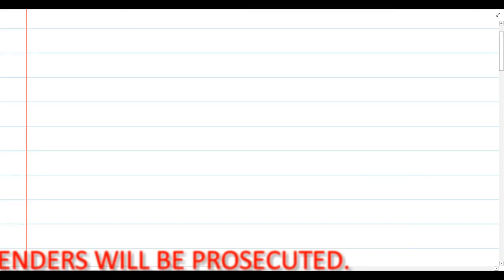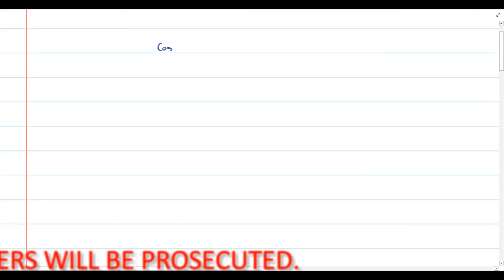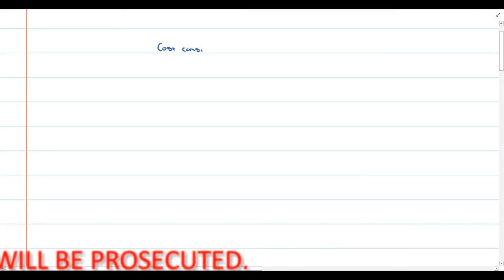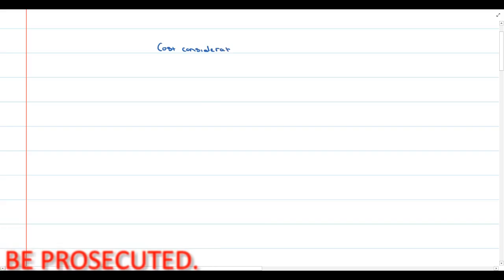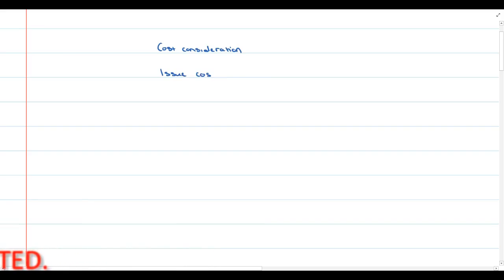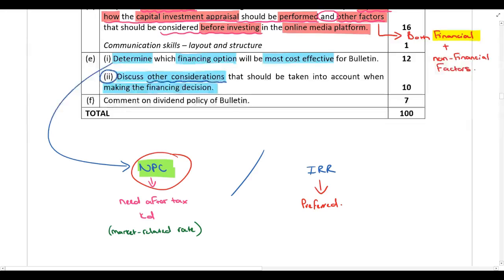First, we start with cost considerations. And the next heading is issue costs, which is transaction costs. So let's first discuss these 2 headings. If you go back to the required, you have been specifically asked to discuss other considerations.